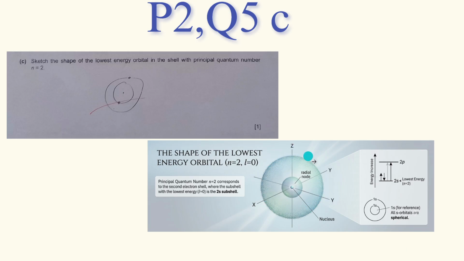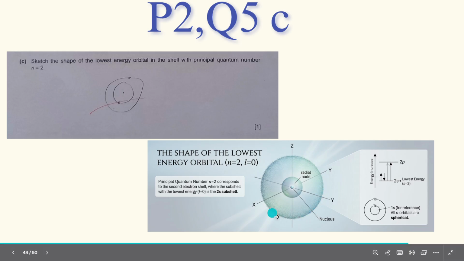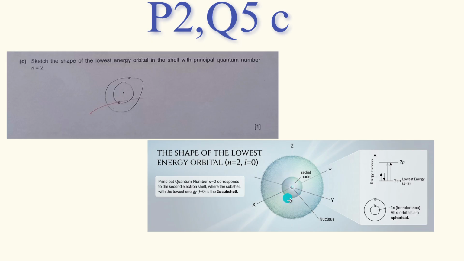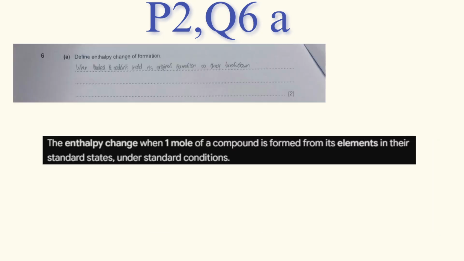It's not really hard to draw. It's just a circle with the center of the atom, also with the inner circle. So it is the shape of the lowest energy orbital, n equals 2.